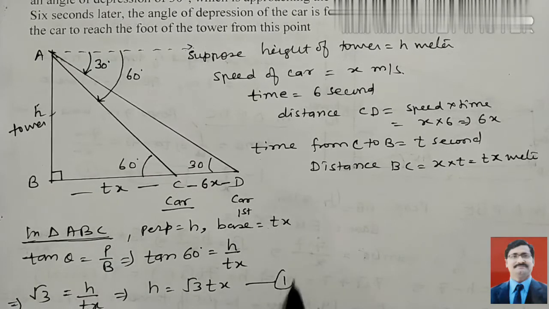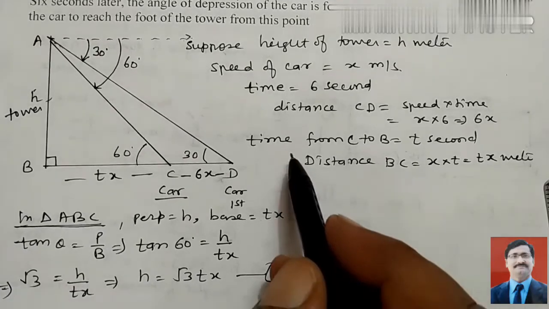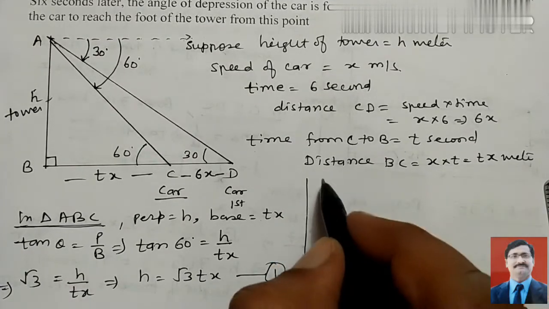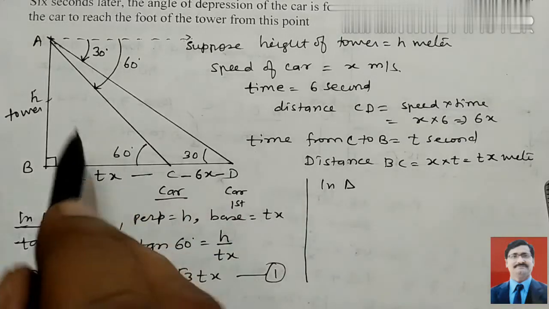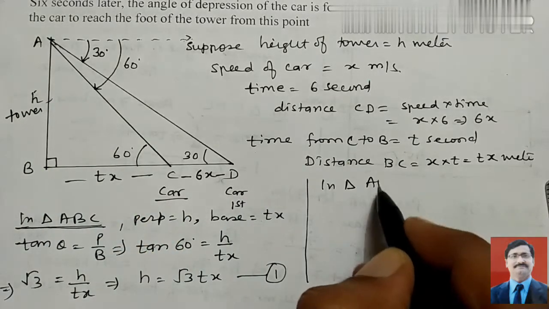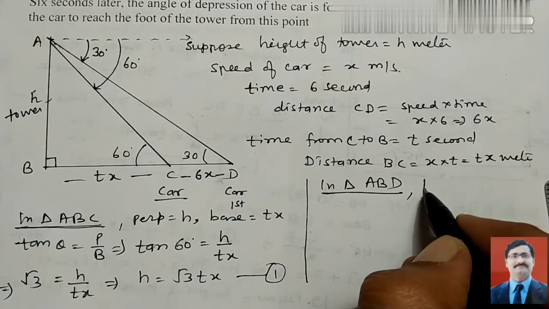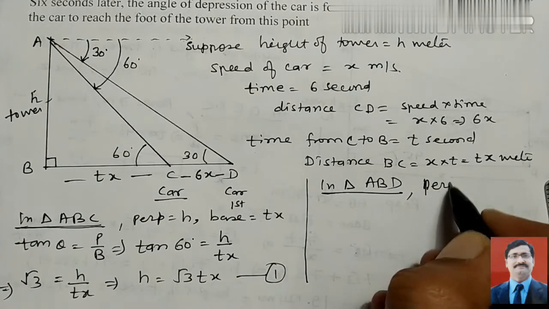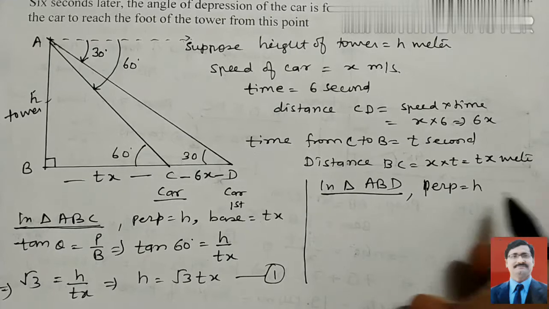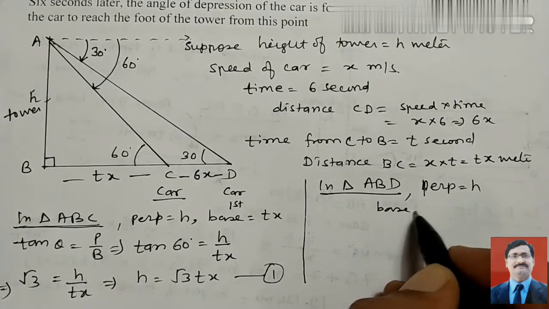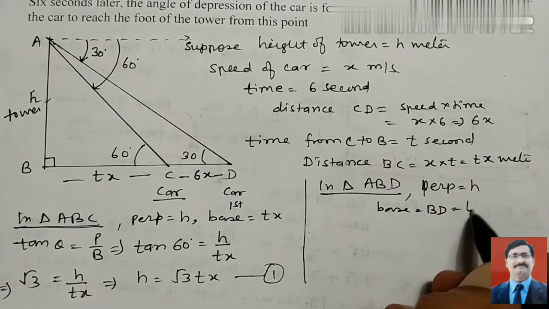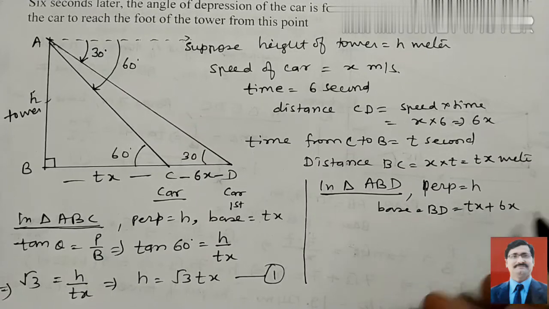This is equation 1. And similarly we take triangle ABD. Here the perpendicular is h, and the base equals BD, which is tx plus 6x.